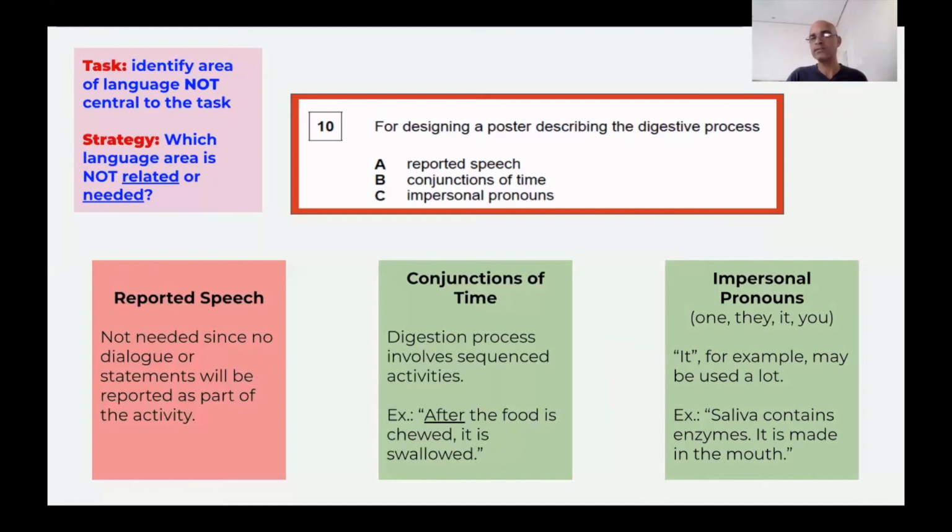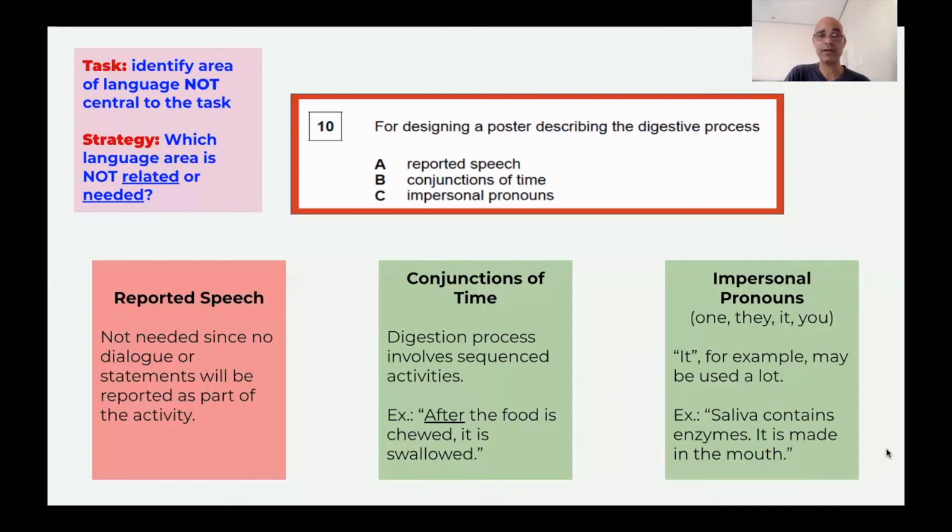You here is not referring to just the reader, but you, impersonal, any person. So it's not exclusive to the one person who's reading, but to everybody who's reading. You may also use it to refer to elements of digestion, such as, in the example, saliva contains enzymes. It is made in the mouth.